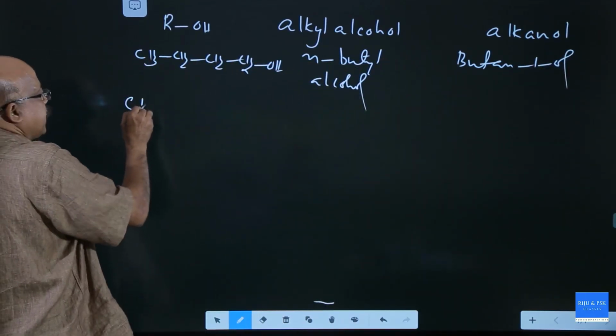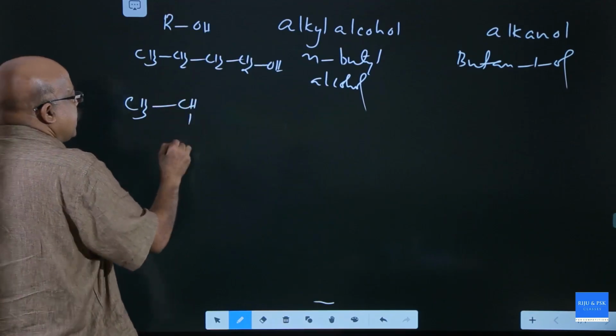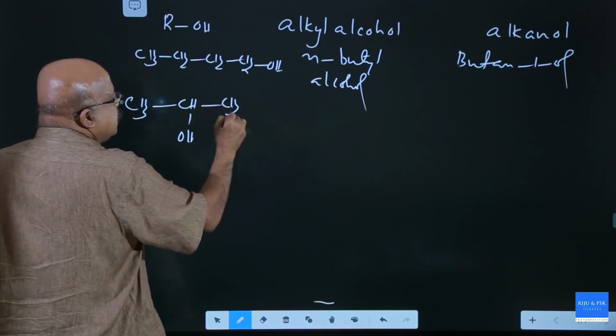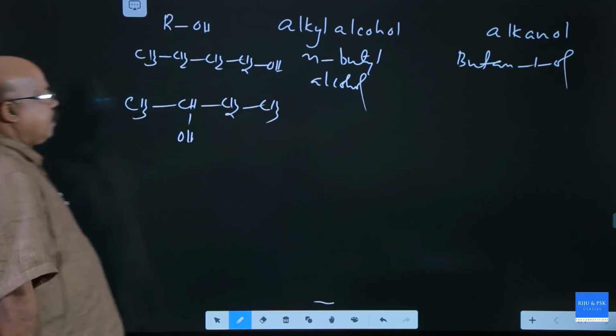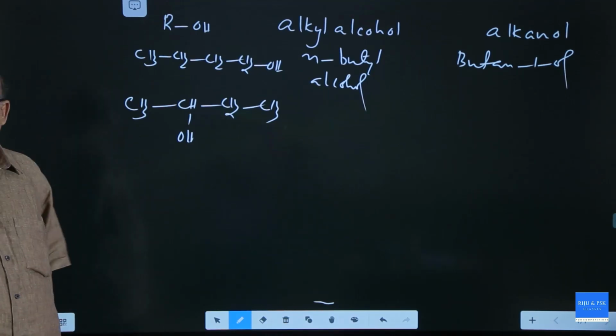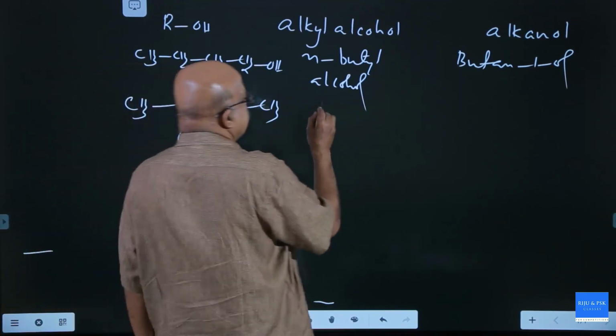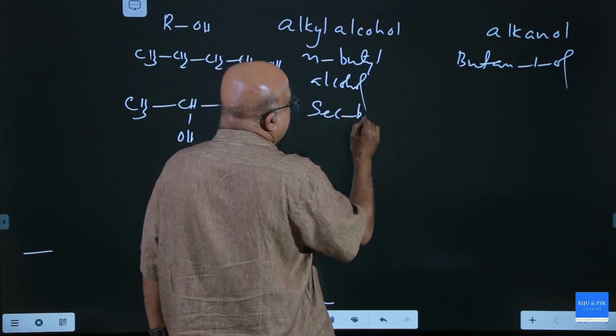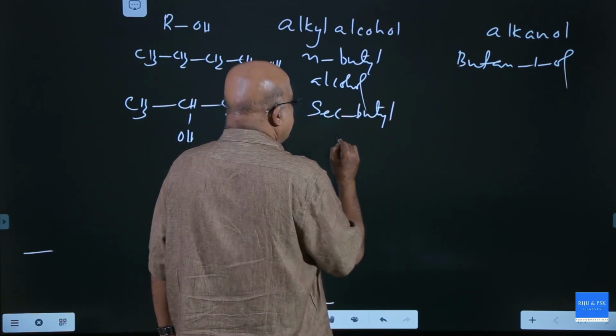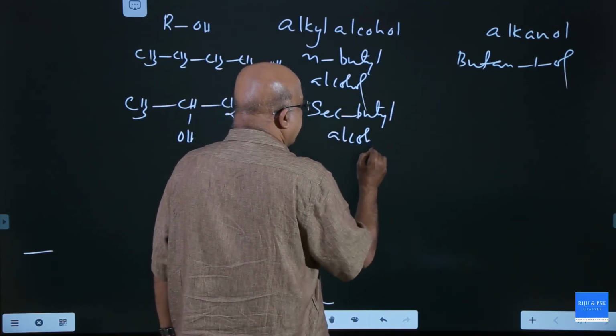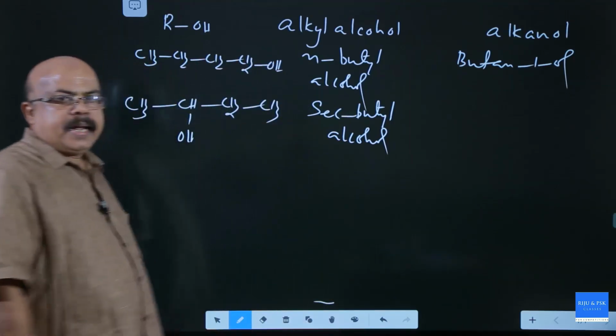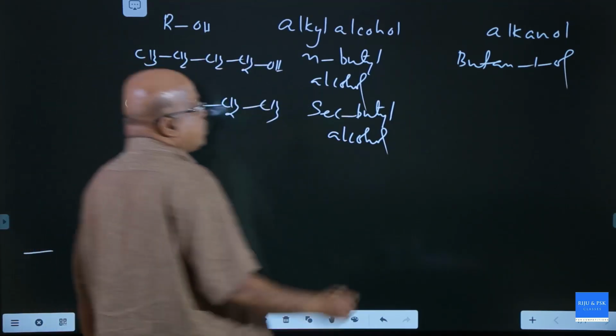Next one, CH3CHOHCH2CH3. This alkyl group is secondary butyl. It is sec-butyl alcohol, the common name. Its IUPAC name is butan-2-ol.